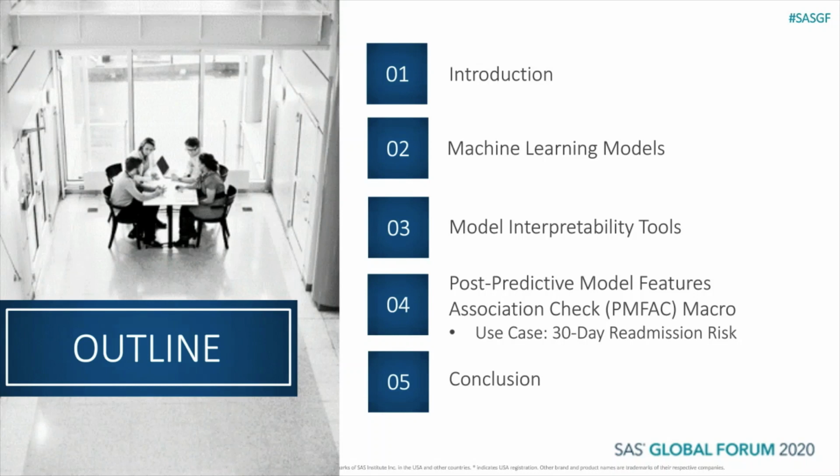And then I'll spend a lot of time talking about this new tool that can be used to augment the existing interpretability tools for investigating model predictions from machine learning models, and then give you some takeaways and where to get the code that I present during this presentation.